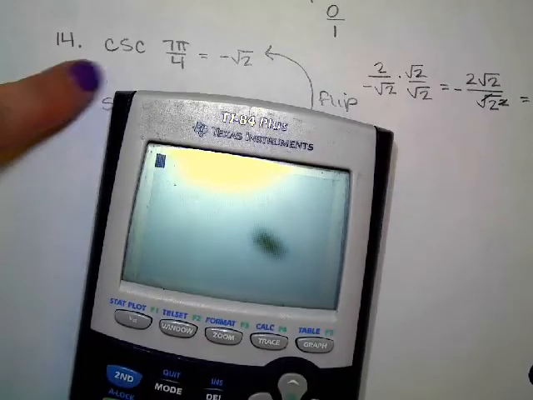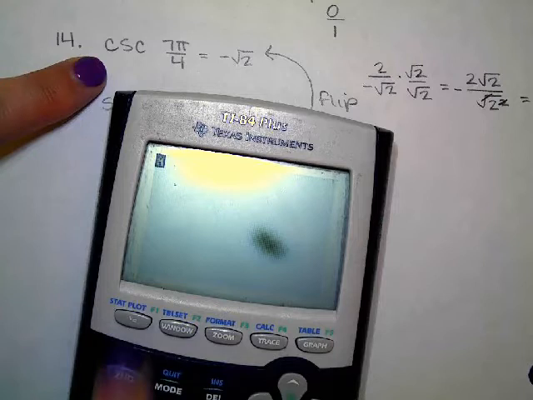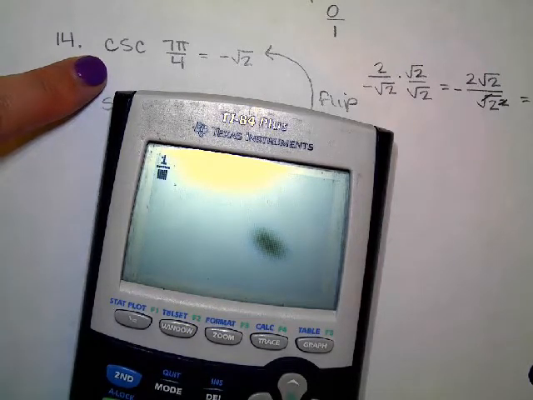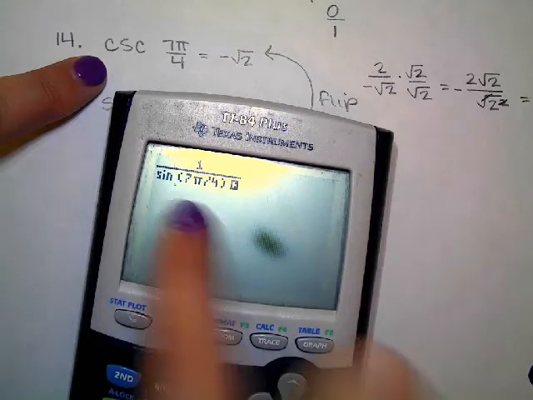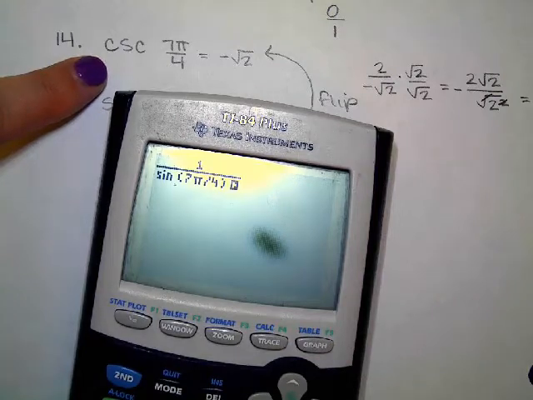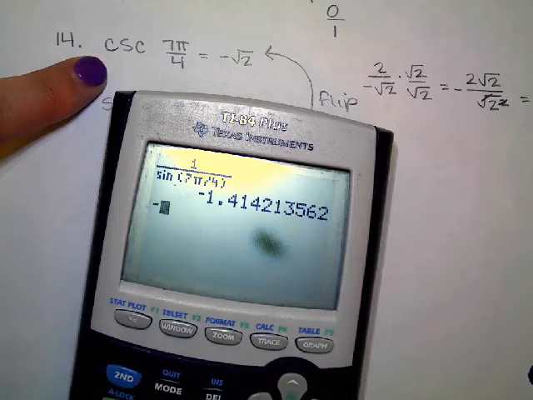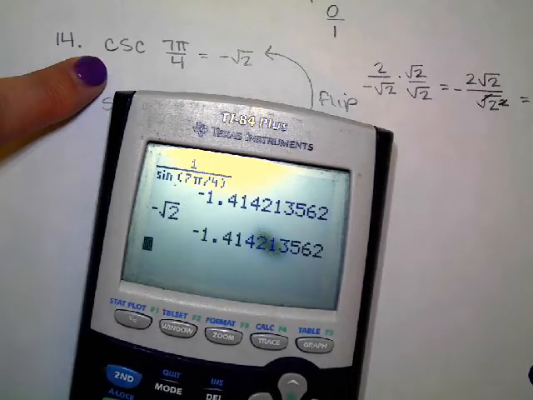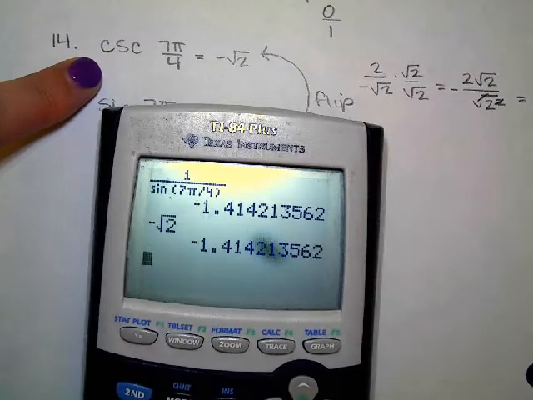So to do cosecant, we have to type 1 divided by sine, and then the angle, 7 pi fourths. 1 divided by sine of 7 pi fourths is actually what cosecant is. So that should be negative root 2, and it is. That's how you could check your answer in a calculator if you wanted to.